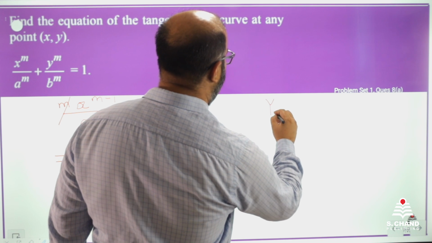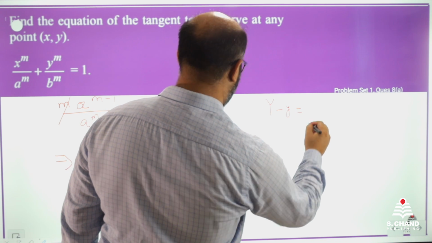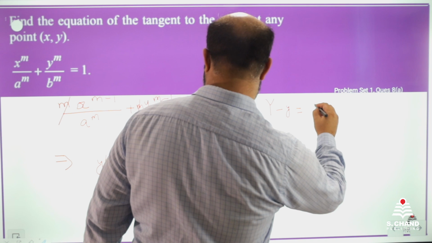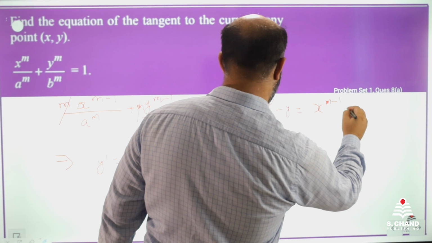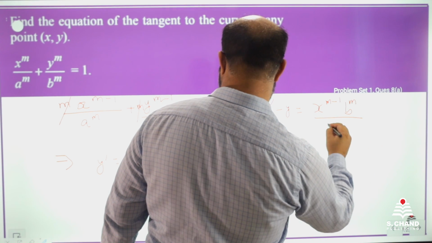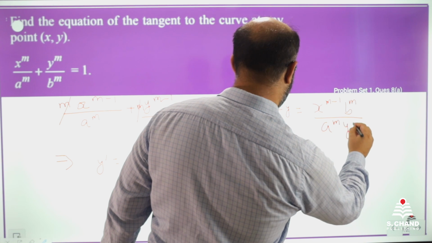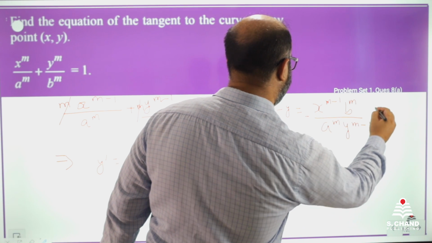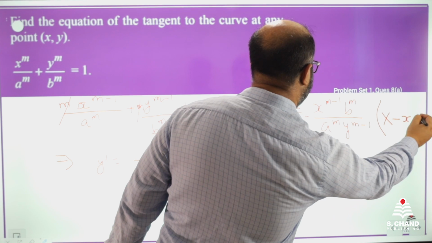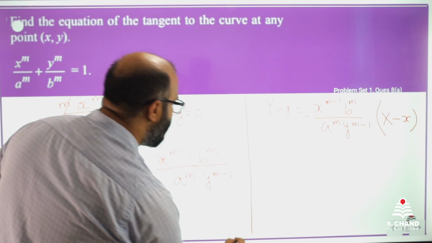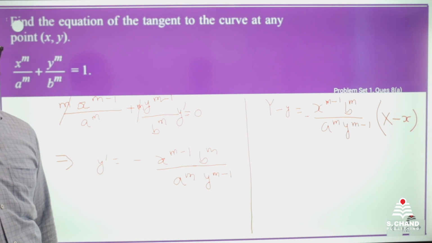So that will be y minus y1 is equal to the slope, which is minus x to the power m minus 1 b to the power m by a to the power m y to the power m minus 1, into x minus x1, like this. So this is how we can write the equation of the tangent.